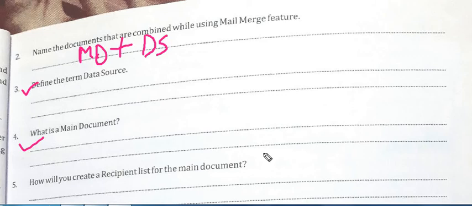Now next, how will you create a recipient list for the main document? To create a new recipient list, what you will do? You have to select type a new list option in the right pane. When you click on the mailing tab from the menu bar, you will see the right pane, right? In the right pane, when you start the process of mail merge, you will have to select type a new list option.